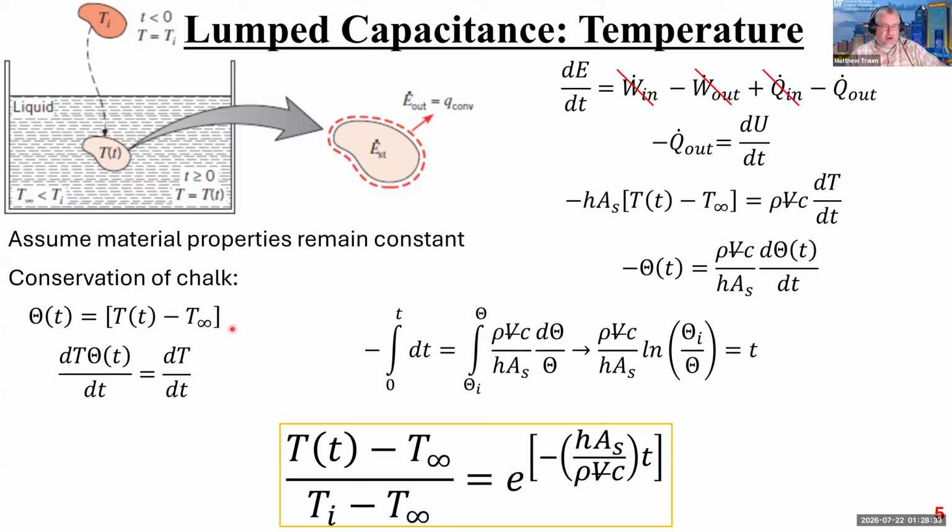So theta i, for initial, is just T initial minus T infinity, and then theta is the difference between whatever the temperature happens to be at time t minus whatever the temperature of the bath is that the hot object got dunked into.